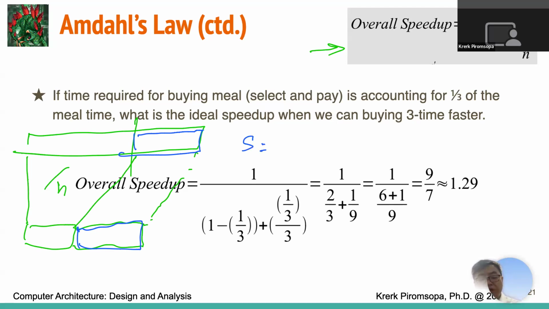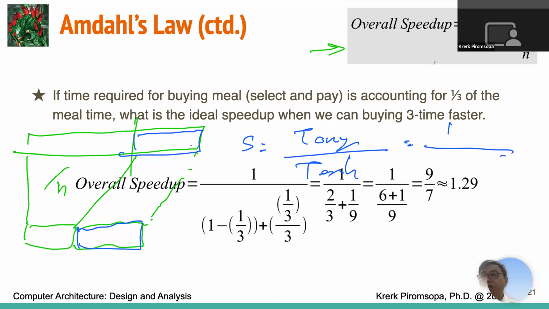So speedup would be original time divided by enhanced time. This is the original time, make it 1. All right. The enhanced time would be this part divided by n, and this part stays the same. So this is the part that stays the same. This is the part that is divided by n. Get the number. So if you ask me whether you have to remember the Amdahl formula, the equation, I would say no. Just the standard speedup.